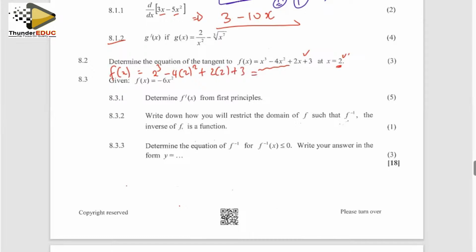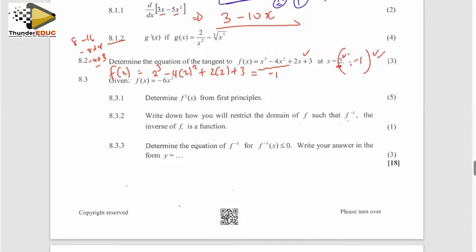My humble calculator is giving me negative 1, because that is 8 minus 16, which is going to be negative 8 plus 4, so negative 4 plus 3, we get a negative 1. So which means we have 2 and negative 1.